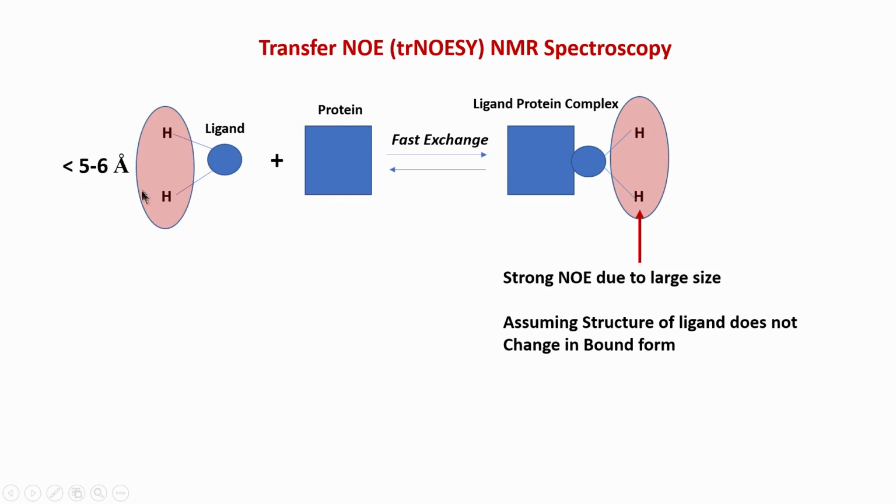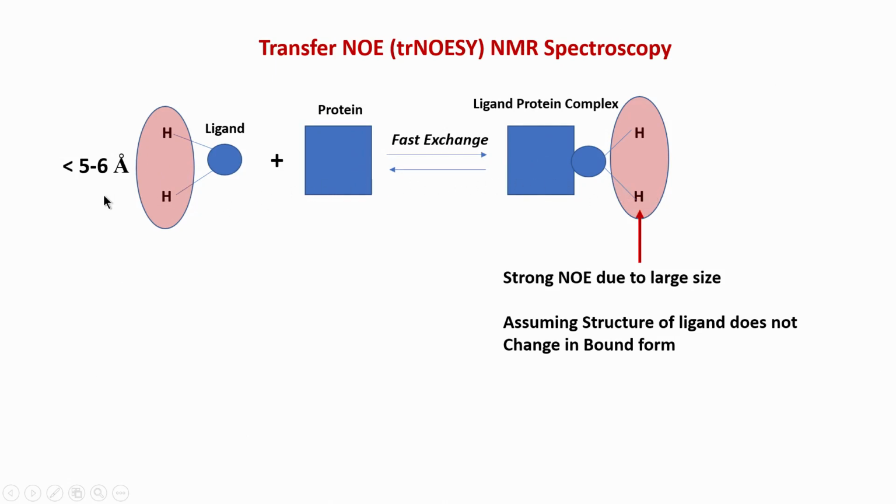By having a large excess of this in my sample and a small amount of this, my population of the bound form is small, but whatever NOE effect is shown here will be seen in the NOE here, because this is a transfer from here to here, since the ligand is in fast exchange.